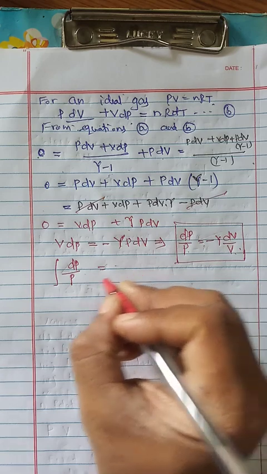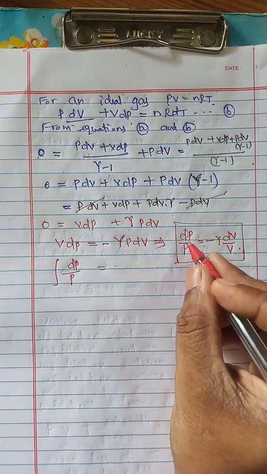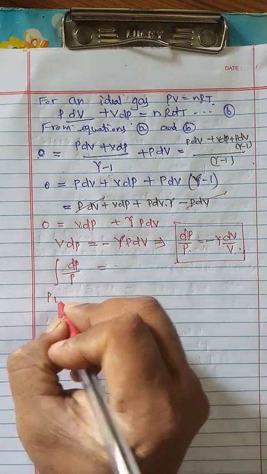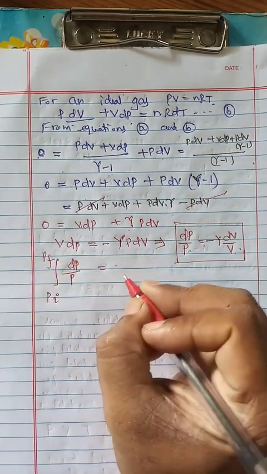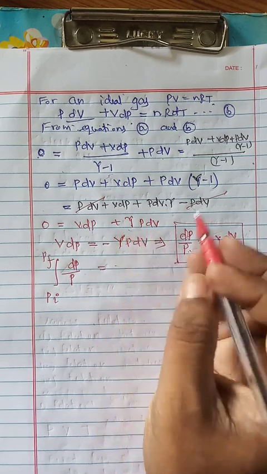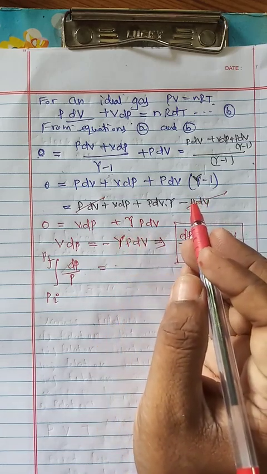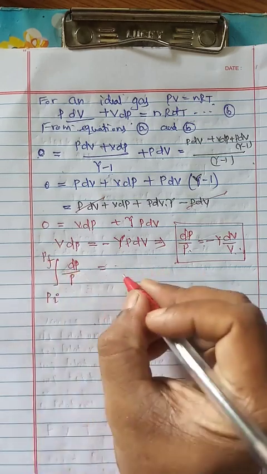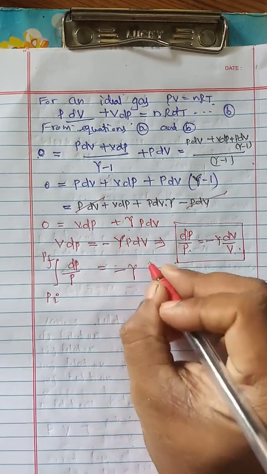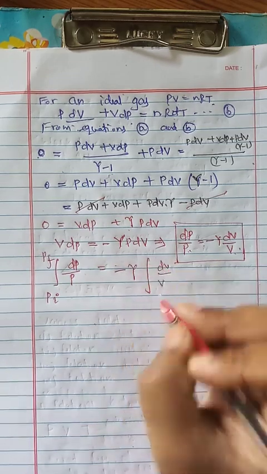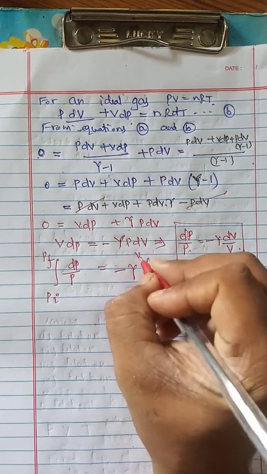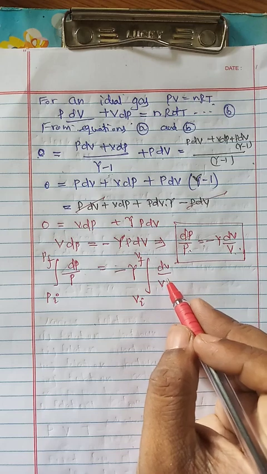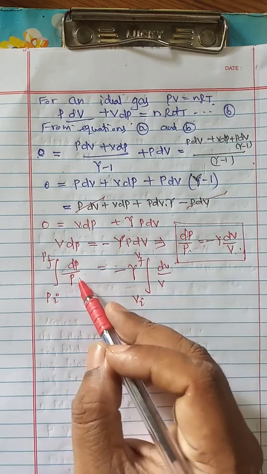On integrating the left hand side, that is dP by P, between the limits P initial and P final, because pressure changes from P1 to P2, is equal to negative gamma integral of dV by V, from Vi to Vf.